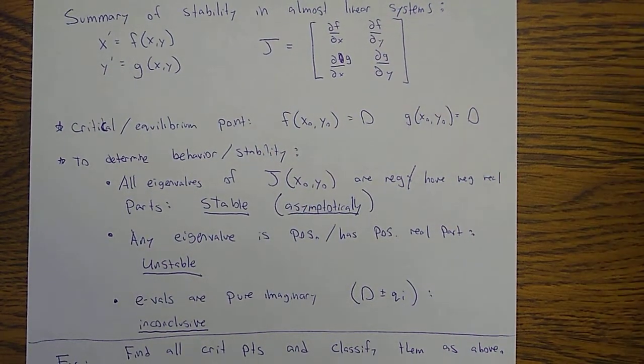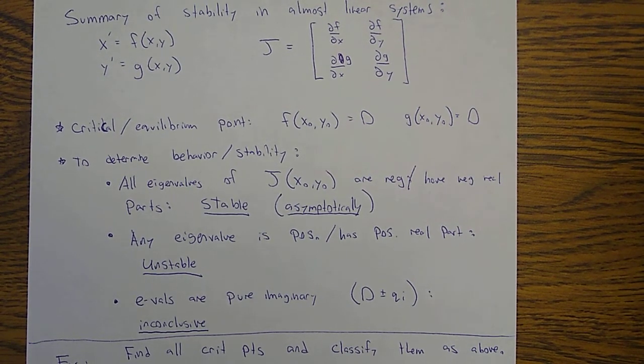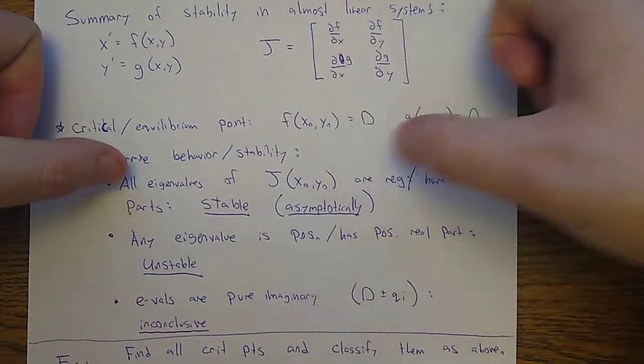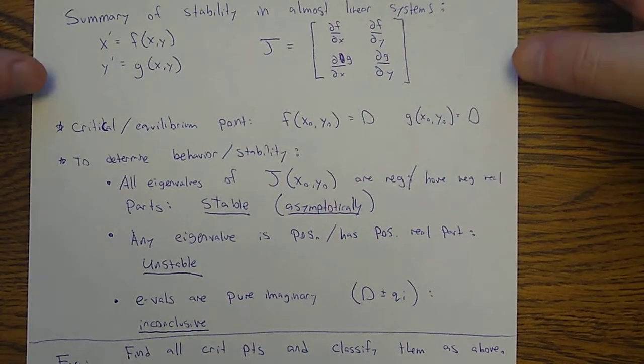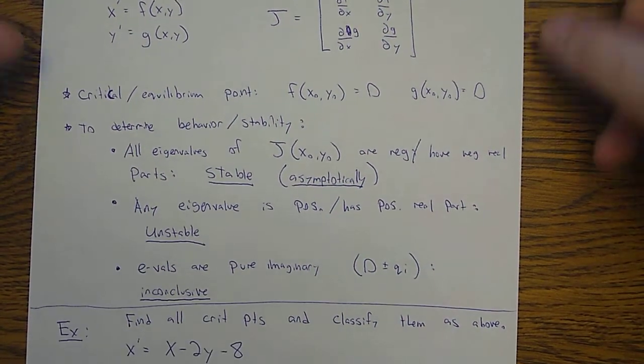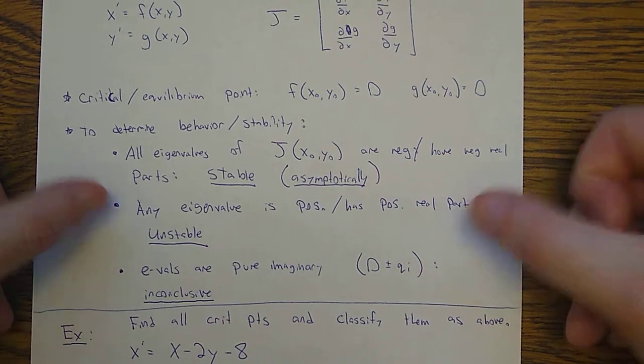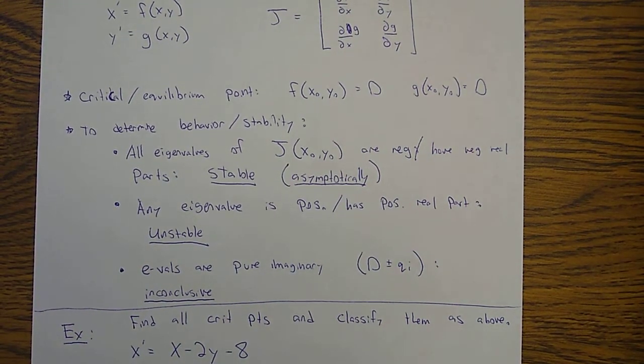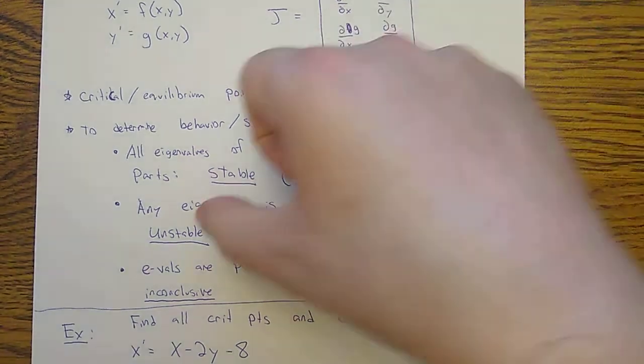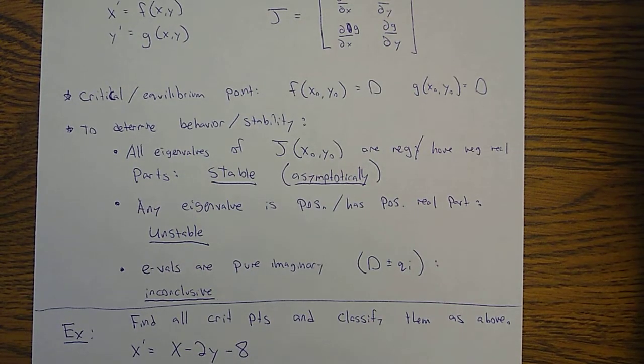As time goes to infinity, we're going to get as close to the critical point as we would ever want to. So in the limit, it really is equal to the critical point. That's the case when all the eigenvalues are negative or at least have negative real parts. If any eigenvalue is positive or has a positive real part, then it is unstable.